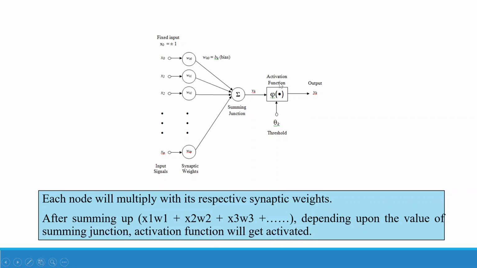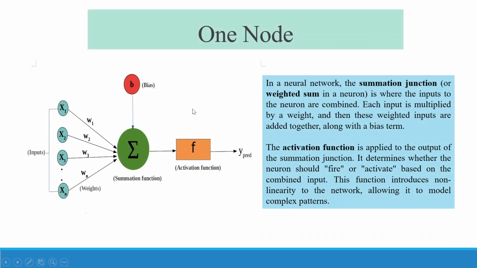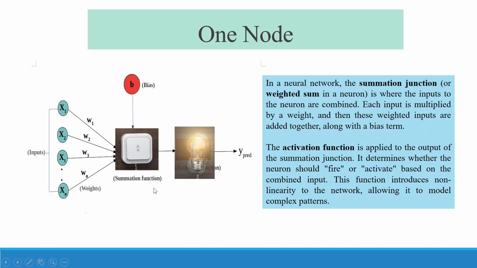Let's understand this concept in the next slide. See the inputs, the weights and the summation junction. Now this summation junction is like an on off switch. So when the threshold value is reached, the neuron will get activated.